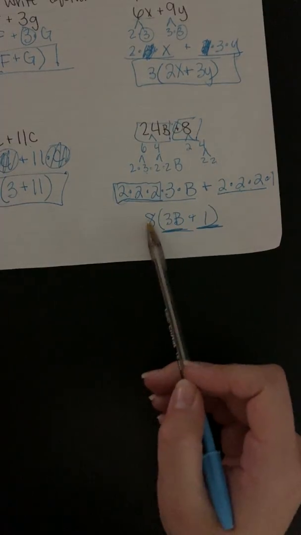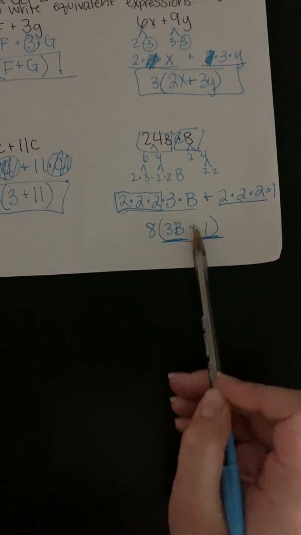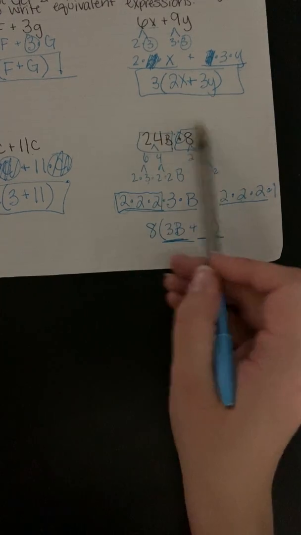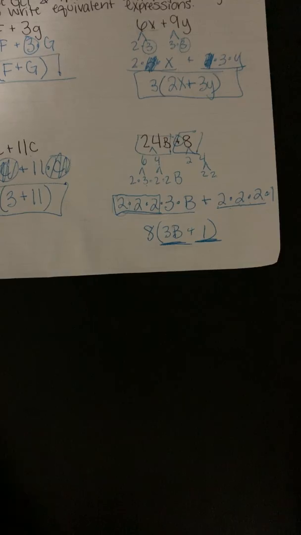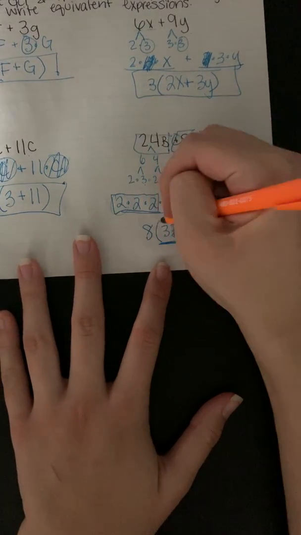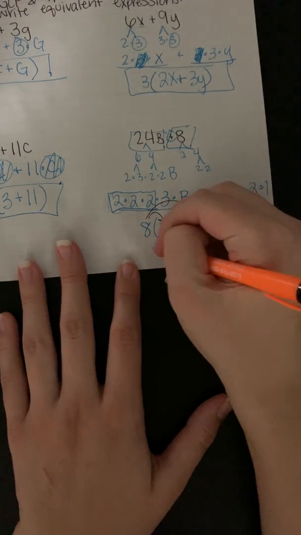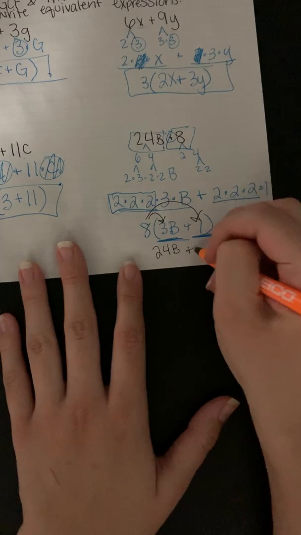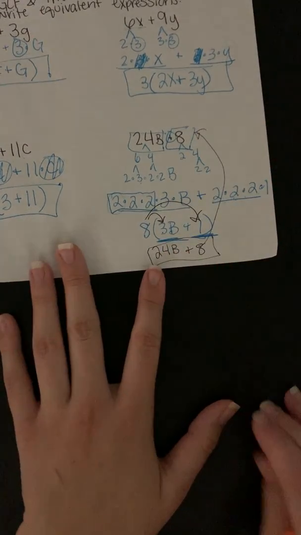So this is showing that 8 times 3b and 8 times 1, when we add those all together, that it's equivalent to this expression up here, 24b plus 8. In other words, if I distributed this 8 to everything inside the parentheses now, 8 times 3 is 24b, and then 8 times 1 is 8. So I get the expression that I started with up here.